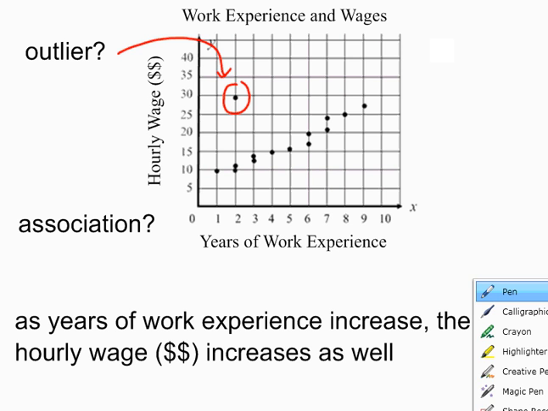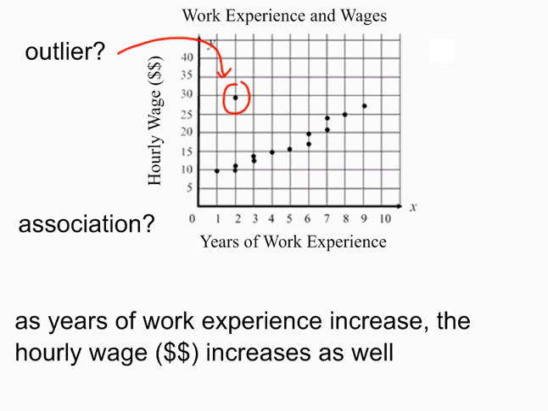Now, when we're describing a relationship, it's important to make sure that we mention our data sets in our description of the relationship. This association happens to be a positive association because they're both going up: as years of work experience goes up, the hourly wage goes up.